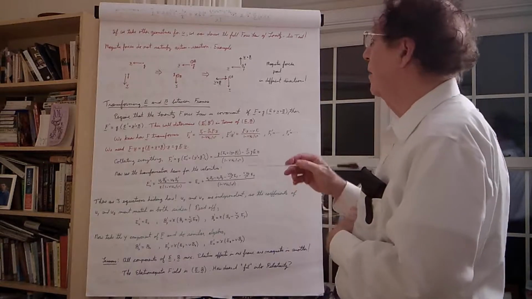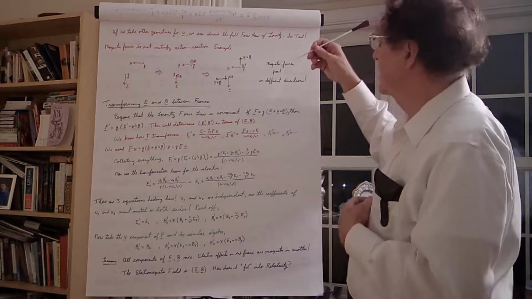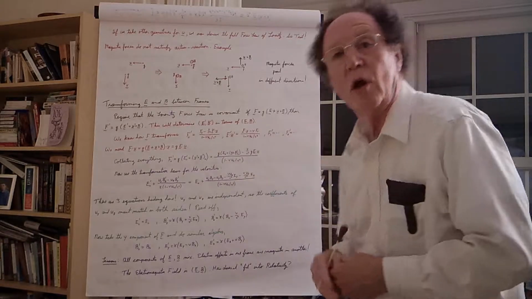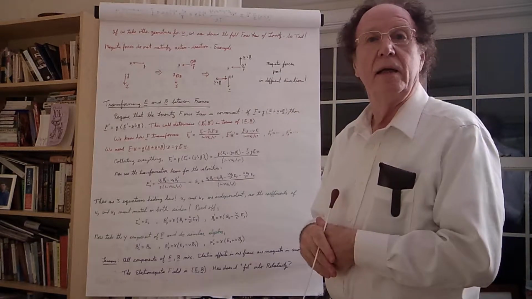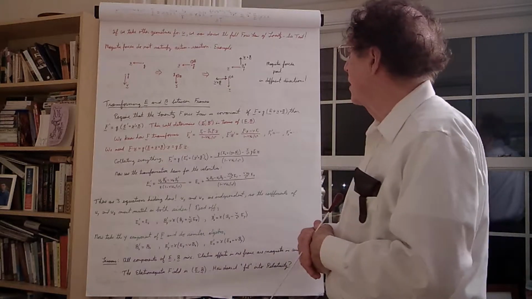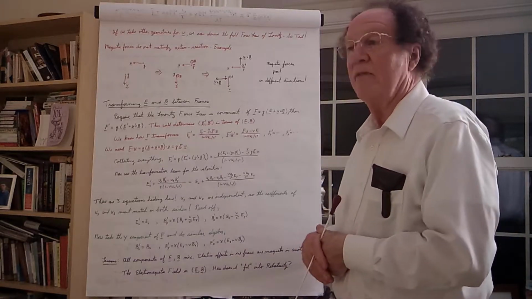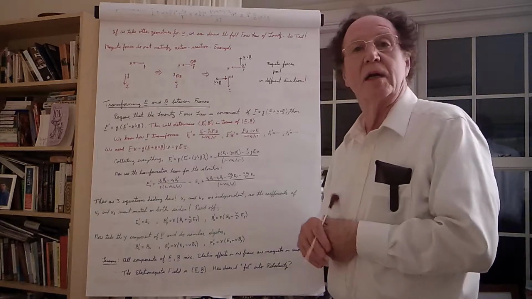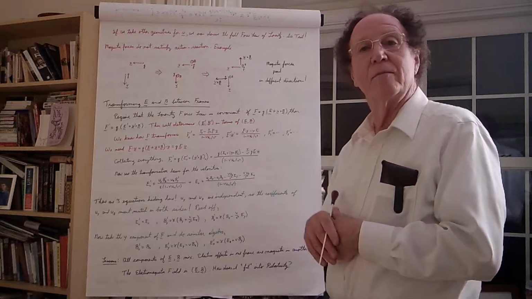But I know how all the things in here transform under Lorentz transformations. I know how the charge transforms. It's invariant under the Lorentz transformation. Charges are Lorentz invariant, as we discuss in detail in the book, and discuss the experimental evidence for that.